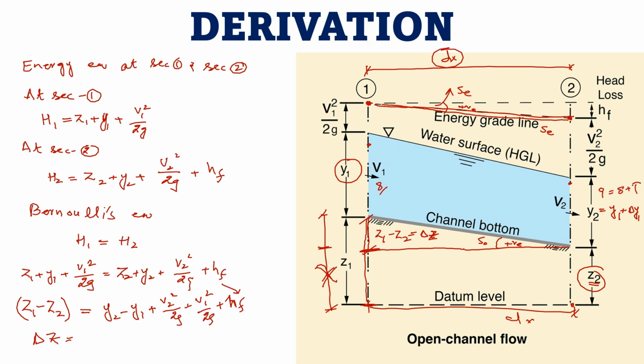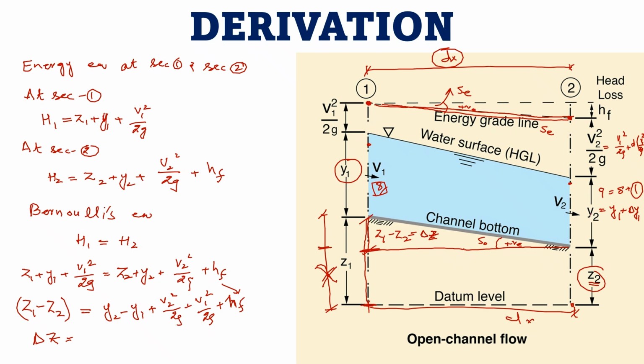Some part of Y is added at section 2 to the original head of the first point. In the same way, V2 square over 2G will be equal to V1 square over 2G plus some part of V1 square over 2G. So both of these are characteristics of dynamic or kinematic flow.